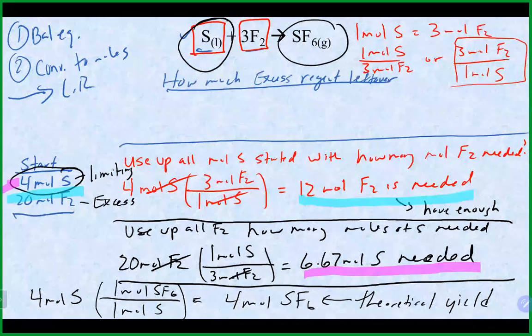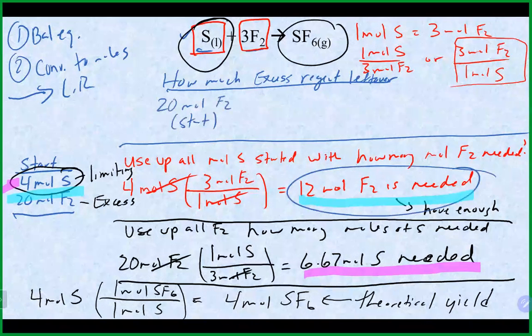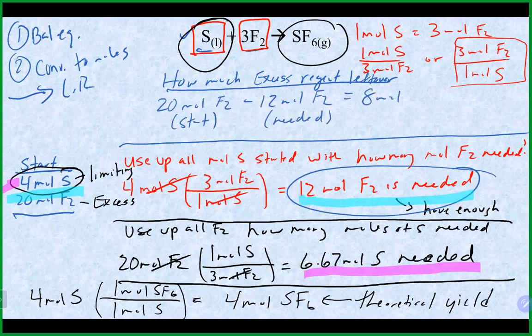We know that my excess reagent in this example is F2, and I know I started with 20 moles of F2. That was how much I started with, right? Based on my calculation earlier, I calculated that I would need to use 12 moles of it to use up all the sulfur. So if I subtract those two, which is how much was needed, that would give me 8 moles of F2 should be left over.